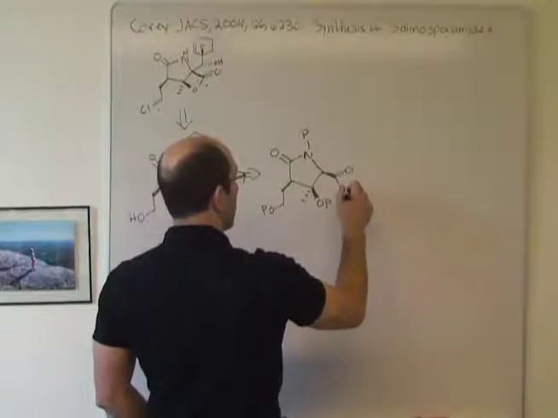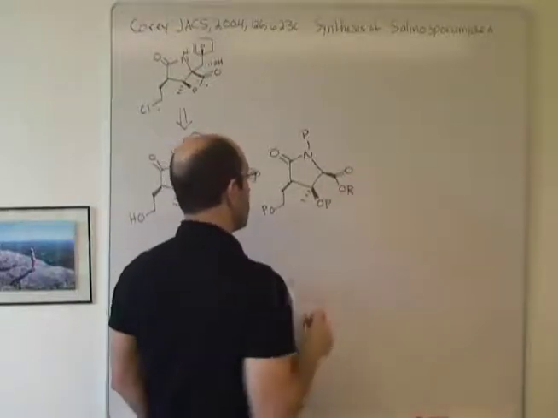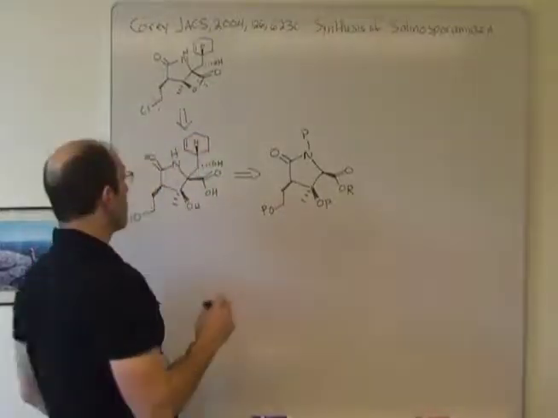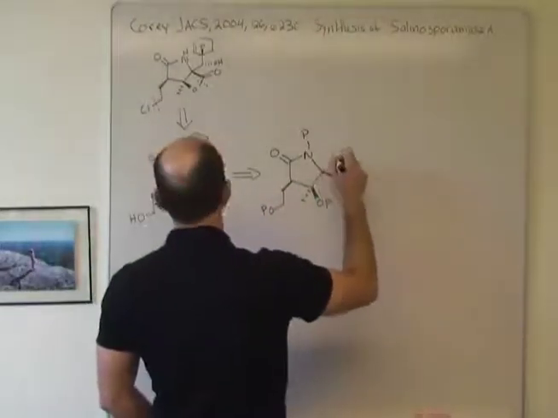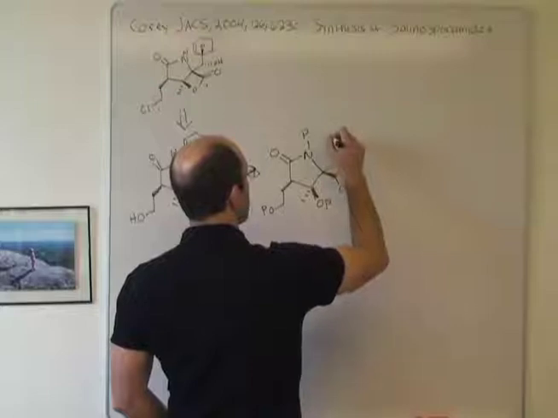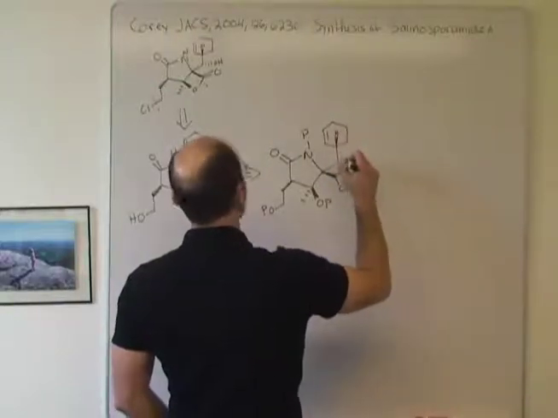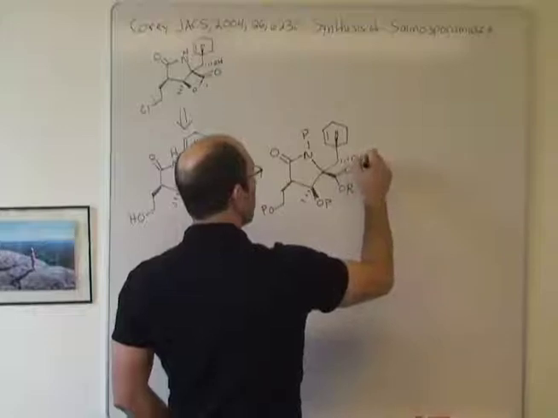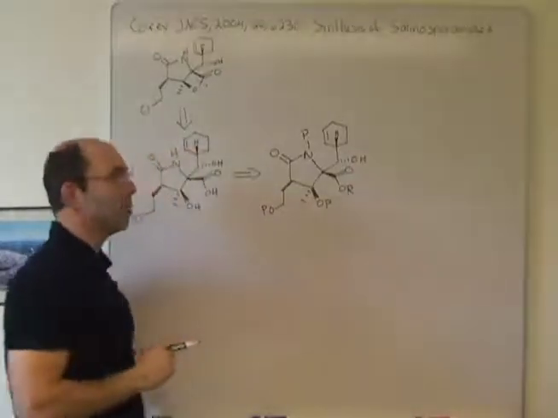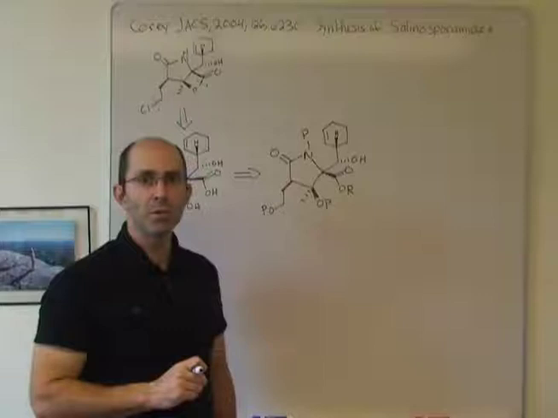Let's say that the carboxylic acid is going to be protected as an ester; we'll just put an R group there for a generic ester. And we'll leave that one secondary alcohol unprotected so we could do some chemistry at that position.